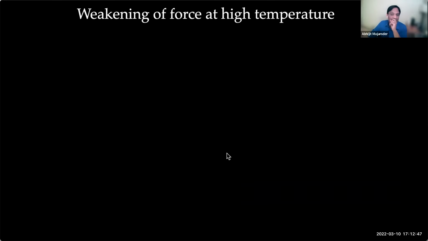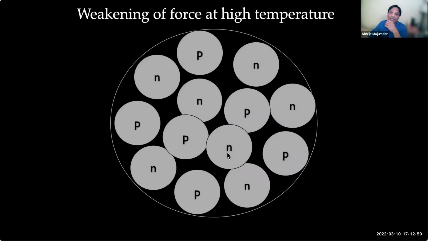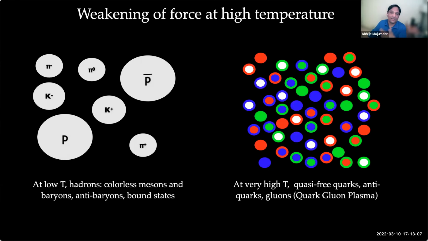So another aspect of this asymptotic freedom is obviously the weakening of the force as you go to high momentum, which means that if you were going to a medium, you'd have a weakening of the force also at high temperature. This is the standard story of heavy ion collisions. If you're at low temperature, you have a nucleus, but when you heat it up, at some point you will start having excitations of mesons and baryons, which we now believe is roughly in the region from 50 to 150 MeV.